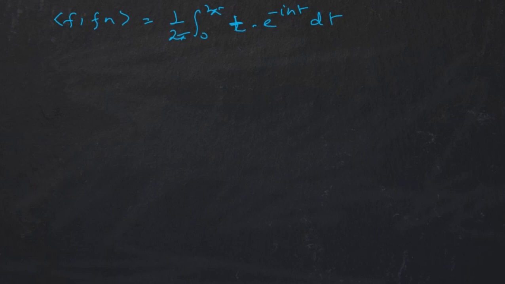The nth Fourier coefficient of f with fn is equal to 1 by 2 pi, integral 0 to 2 pi, f(t), which is t, into fn bar, which is e to the power minus int, dt, and we can calculate this integration by integration by parts, and this comes out to be minus 1 divided by in, where n is different from 0, and this is equal to pi for n equal to 0.